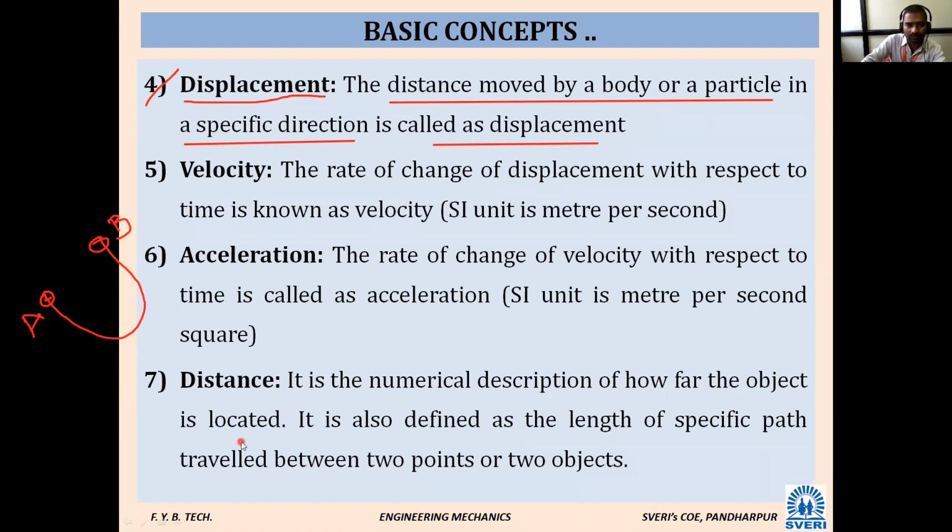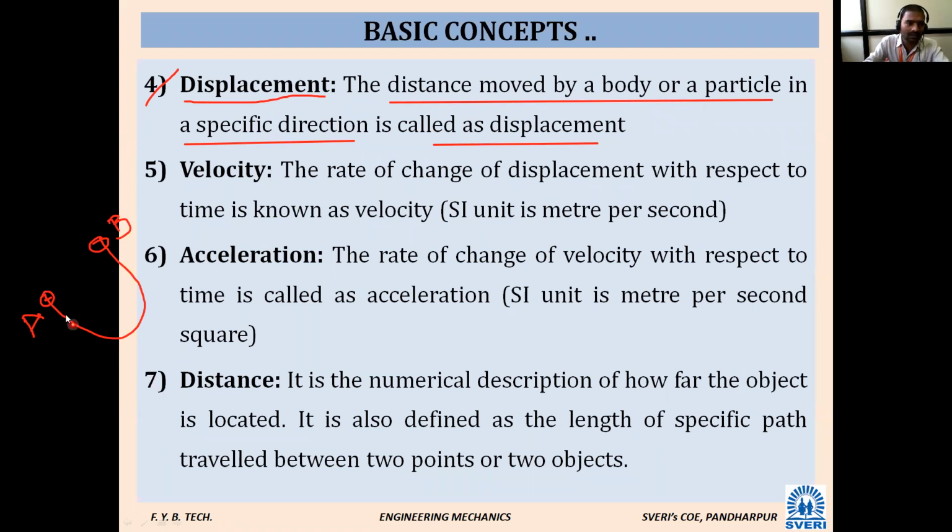Then you can ask me, look at the seventh one, distance. Wait one minute. Okay, from A it came to B. So initially the object was at point A. Now the object came to point B. It means it has been displaced. That is called displacement.